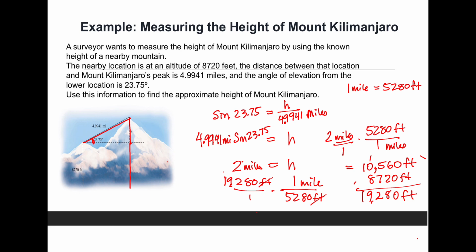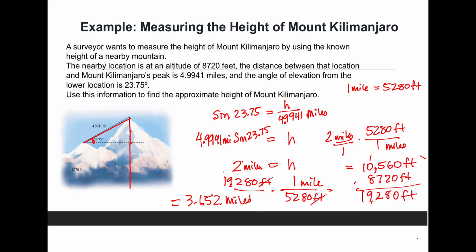So if I divide, essentially, 19,280 by 5280, I have the miles. This comes out to be 3.652 miles. So there we have it.